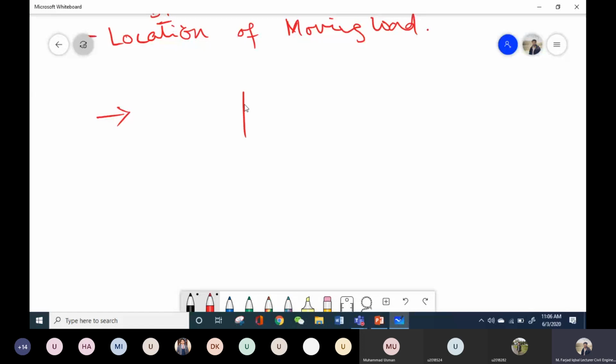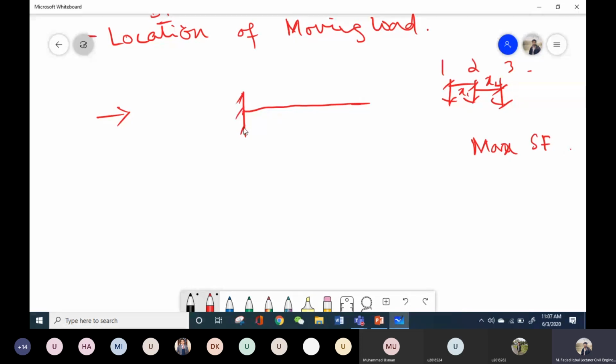For example, we have this cantilever beam, and the question asks you to compute the maximum. Let's say these are our moving loads 1, 2, and 3, and there is some distance x1 and x2 between them. And the question asks you to compute the maximum shear force in this beam.